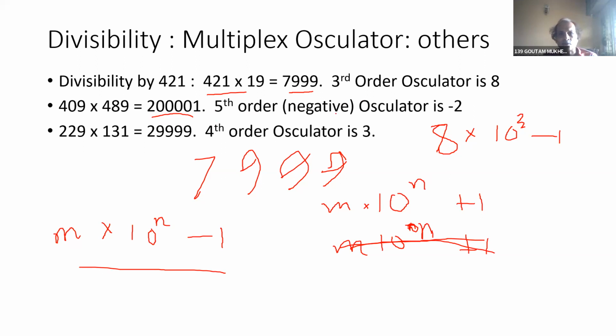Here the fifth order oscillator, because 2 into 10 to the power 5, 2 lakh, 2 into 10 to the power 5 plus 1 is divisible by 401. So therefore, the fifth order oscillator of 401 is minus 2.